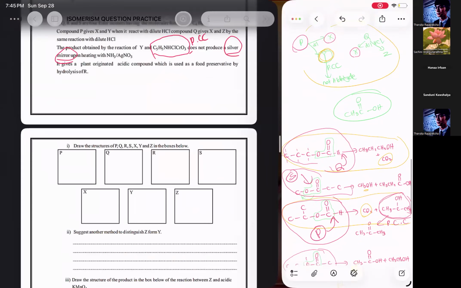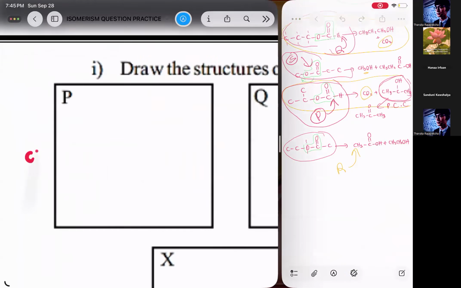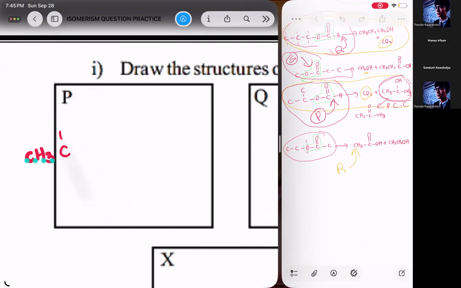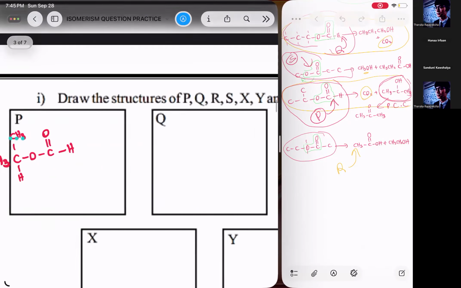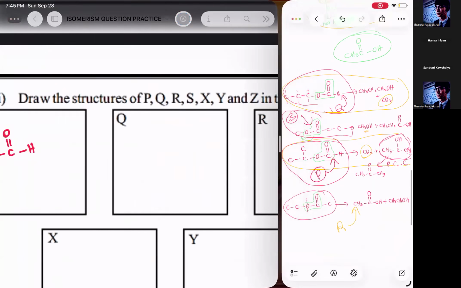Okay. First of all, P. CH3, CH3, hydrogen, oxygen, C double bond oxygen, hydrogen. That is that. Q, CH3, CH2, CH2, O, C double bond oxygen, hydrogen.